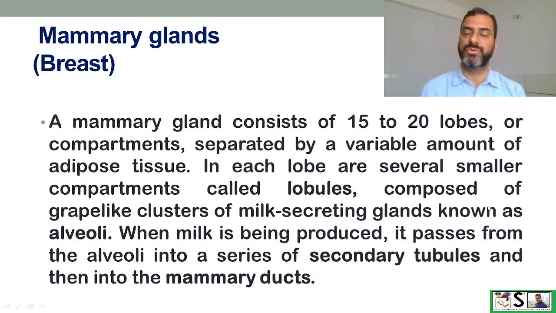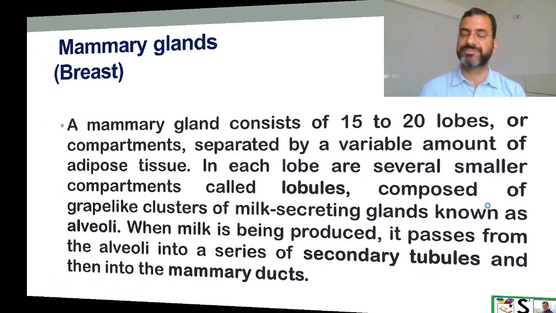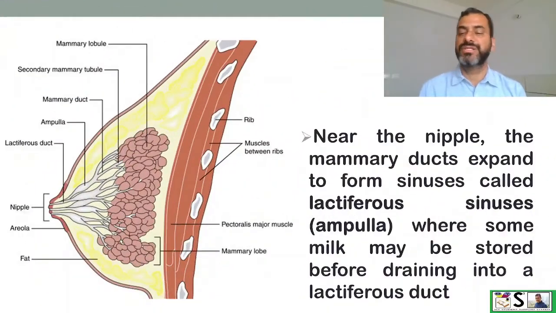When milk is being produced, it passes from the alveoli into a series of secondary tubules and then into mammary ducts. Near the nipple, the mammary ducts expand to form sinus called lactiferous sinus or ampulla. Here you can see this one, where some milk may be stored before draining into the lactiferous duct when child sucks.